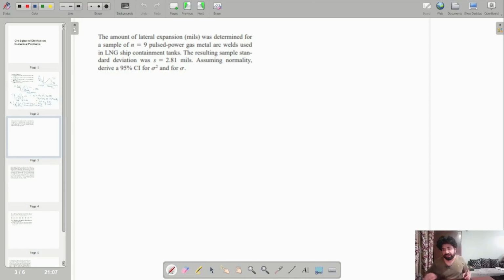So if I just write down the formula which is used to find out the confidence interval for population variance, then it is always n minus 1, in brackets, with the sample standard deviation square, and here we have chi square.